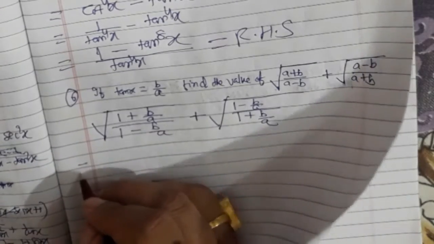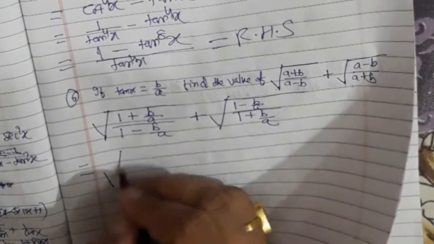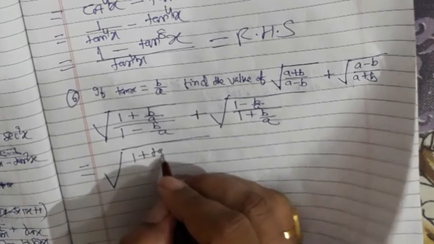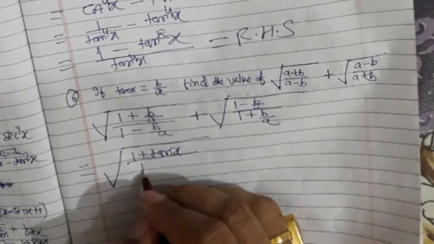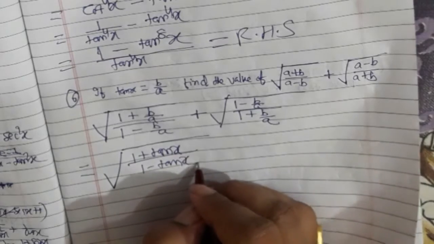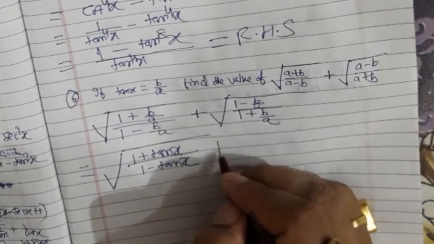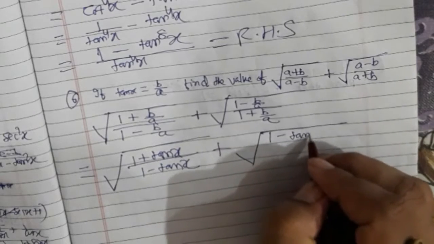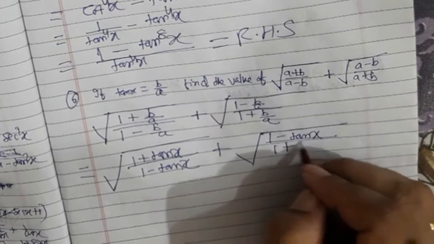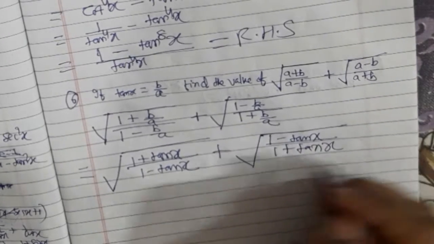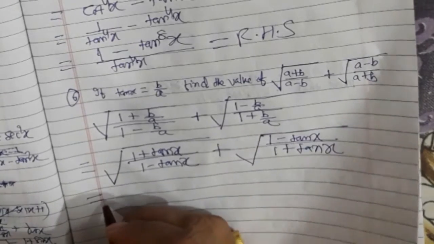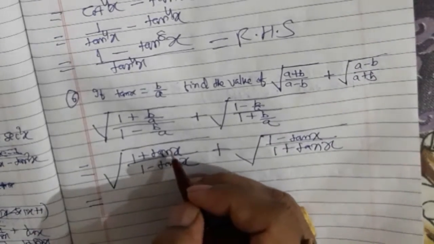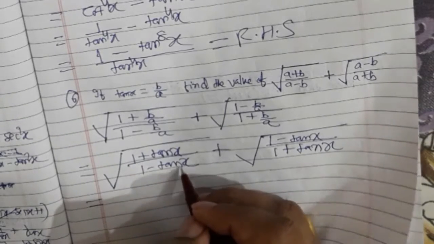This is equal to, now we will put the value of b by a, that is tan x. Root of (1 plus tan x) over (1 minus tan x), plus root of (1 minus tan x) over (1 plus tan x). This is equal to, from this we can write tan x as sin x by cos x.